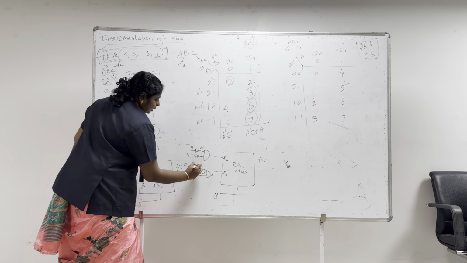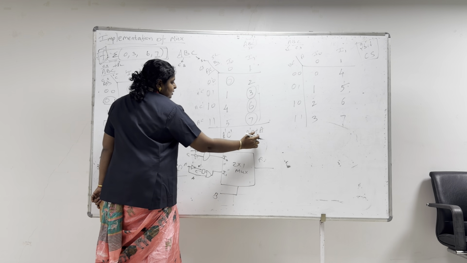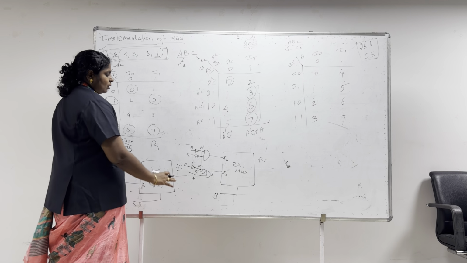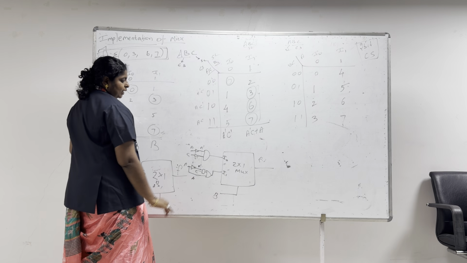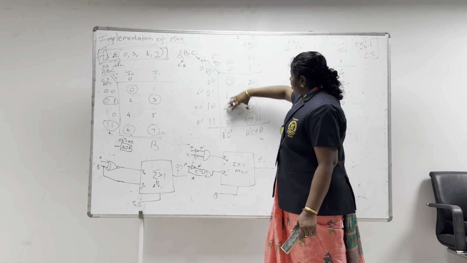So A bar C plus A bar C plus A. Or else you can take the input from here and there and write it. So this is the design for this concept.